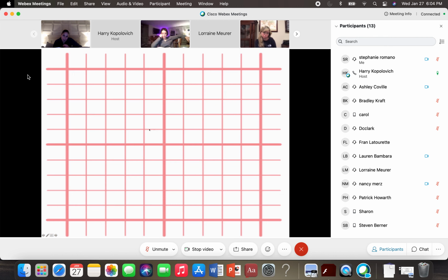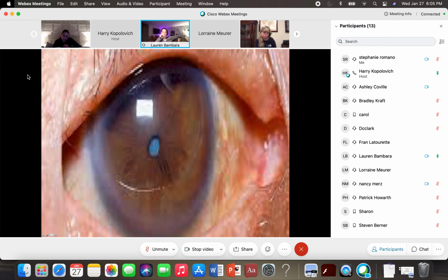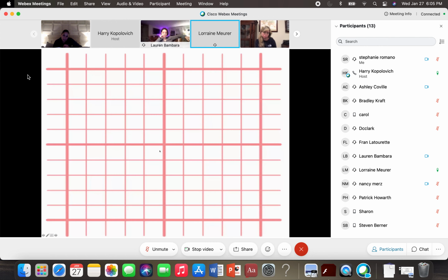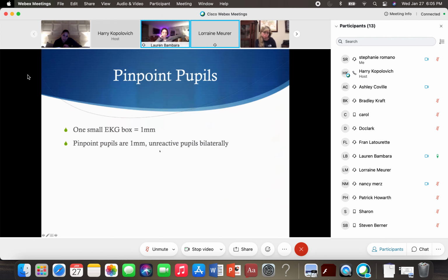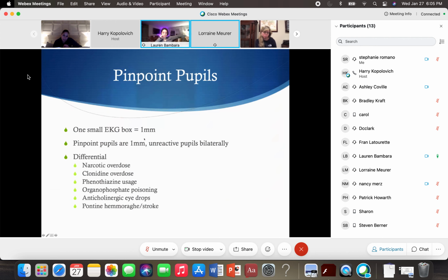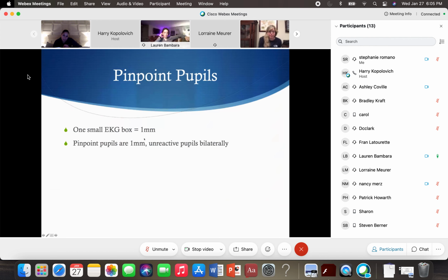Each small box is 1 millimeter. So looking back, it looks like the patient has 1 millimeter pupils. So this patient has pinpoint pupils, which are 1 millimeter and unreactive bilaterally.